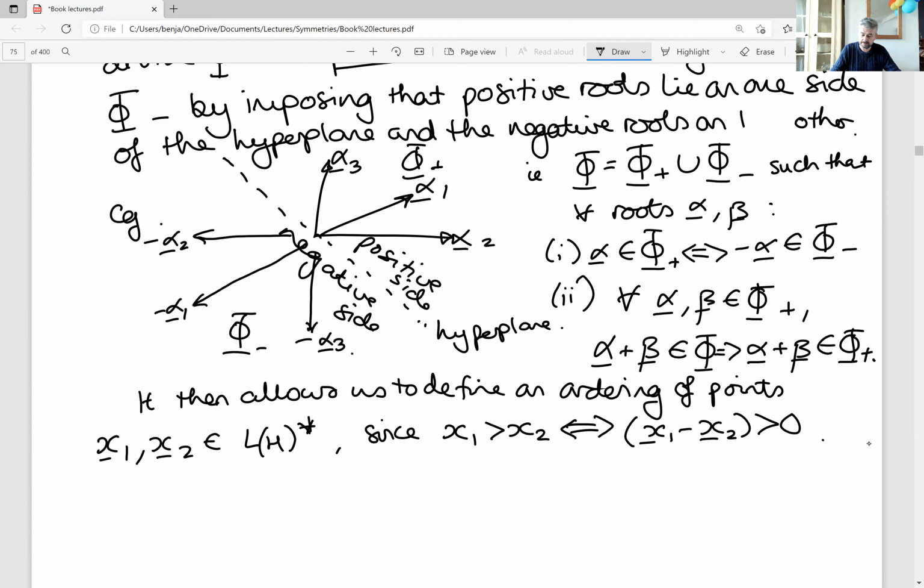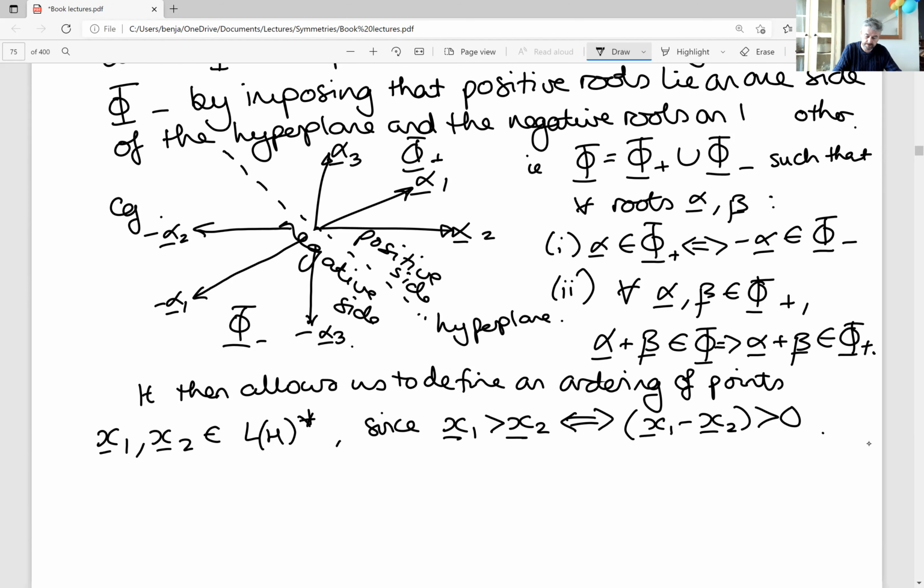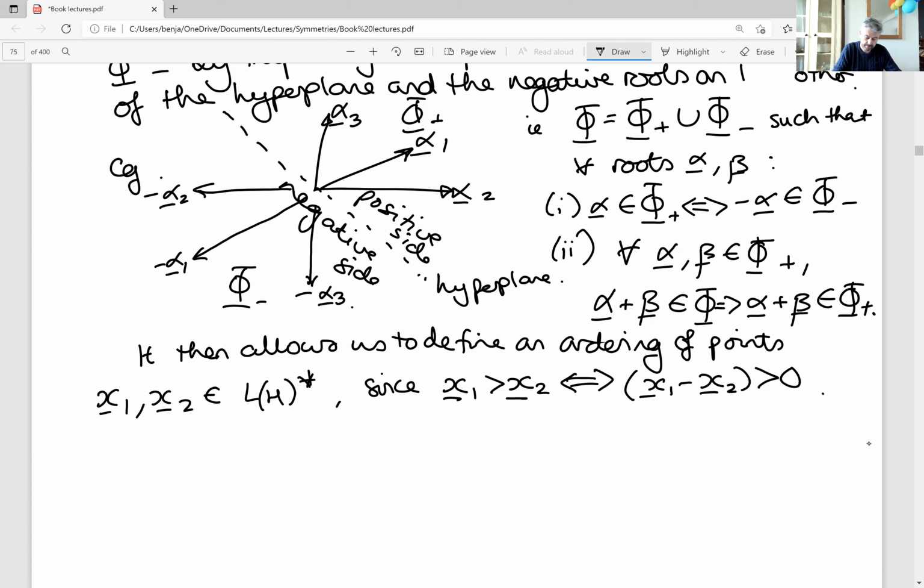So we can define this ordering. So a simple root is a positive root which can't be written as the sum of two positive roots. Let me write that down.